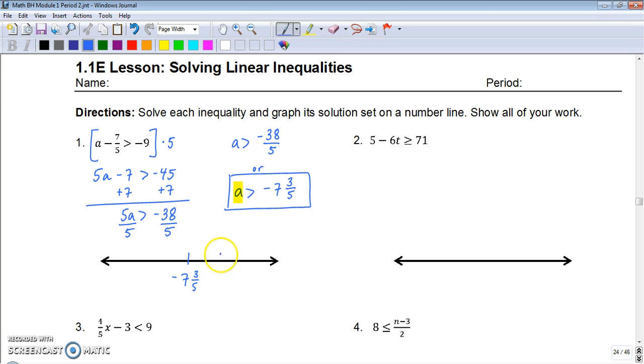There's a little trick. Got to flip-flop this because I'm to the left of 0. This is negative 7 2/5, negative 7 1/5. There we go.